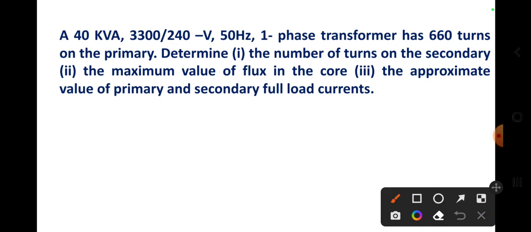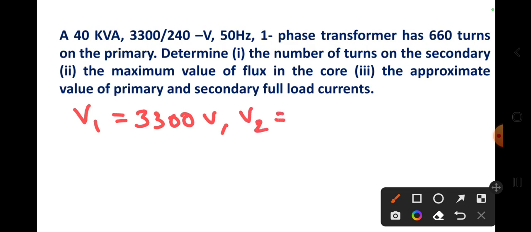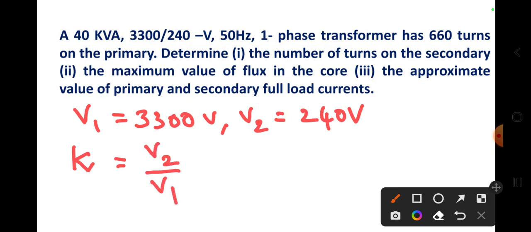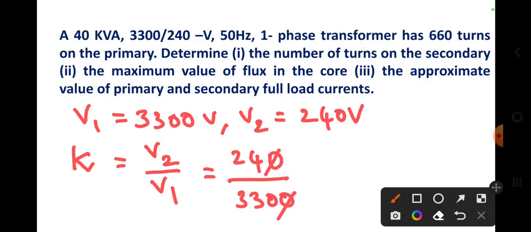The first one he asked, in the sense, the number of turns on the secondary. That means once you know V1 and V2, V2 is equal to 240 volts. Once you know these two values, then you can find out transformation ratio K. K is equal to V2 by V1. Here V2 is 240 divided by 3300. 0 gets cancelled.